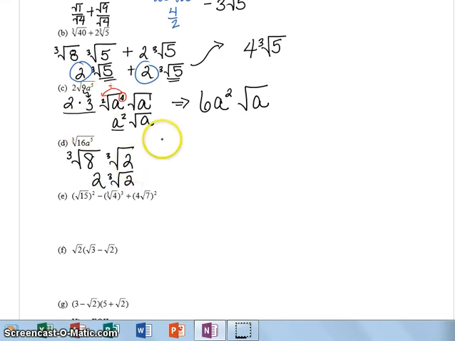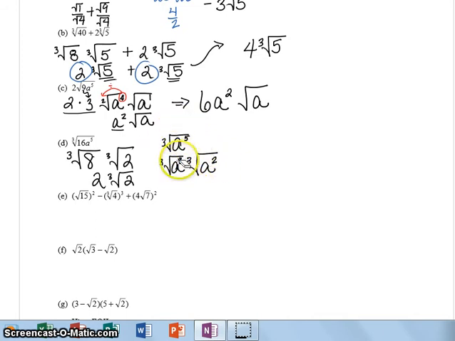Now, cubed root of a to the 5th. 5 is not divisible by 3, so we have to rewrite it into things that are divisible by 3. So the closest power to 5 that is divisible by 3 is 3. But because it has to add up and equal 5, it would be 3 and 2. So 3 plus this 2 gives me my 5.